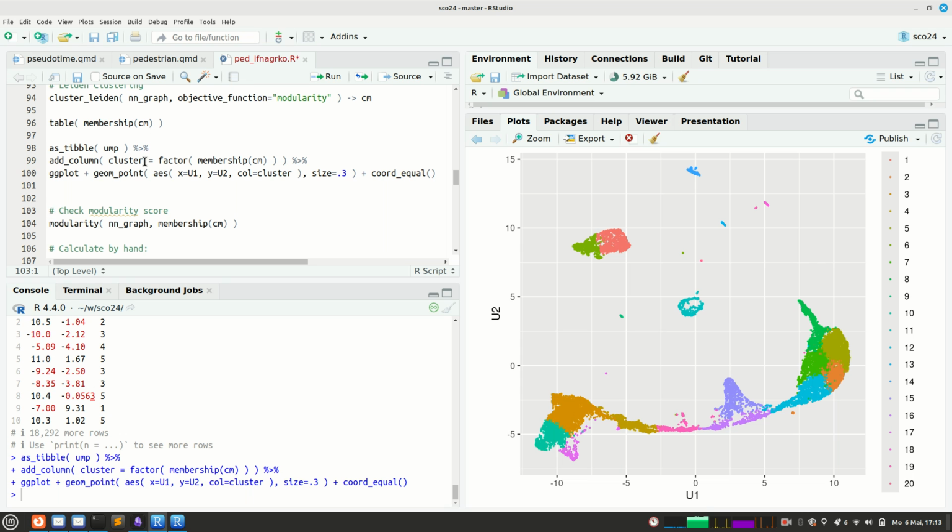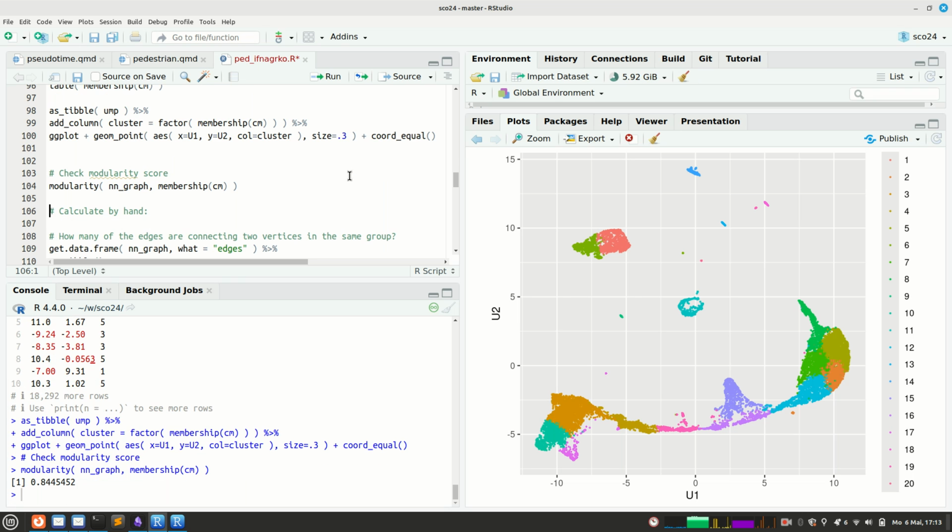What our Louvain algorithm has done is it has found an assignment of points to colors which makes the score that we want to calculate very high, where it has reached a modularity score of 0.84.